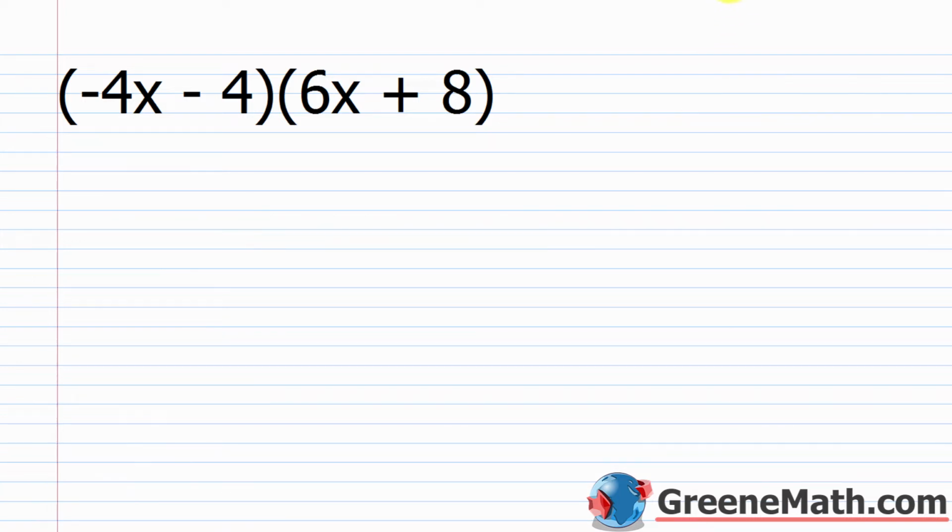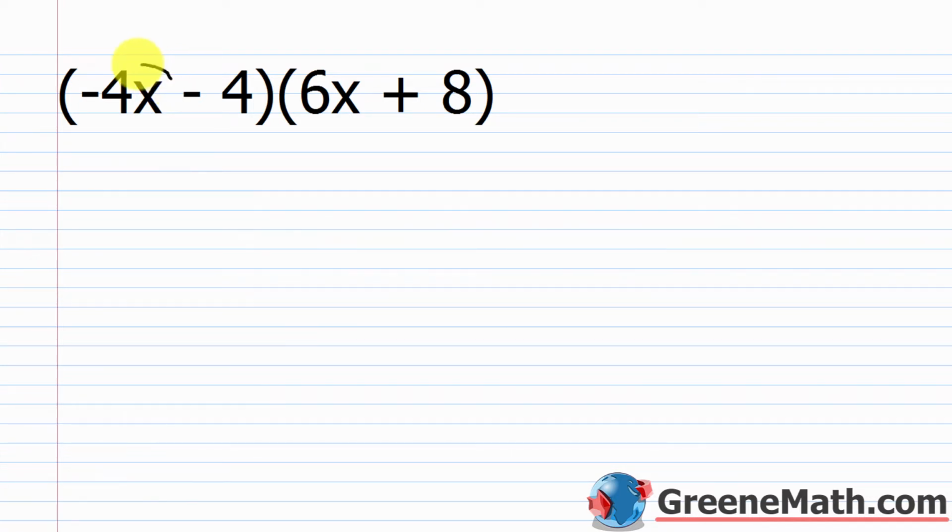So this is the product of two binomials. And this is going to happen so often, we have like a little shortcut for this called FOIL. And I'm going to teach you that in the next lesson. But for right now, I'm going to kind of show you a general method to do this. So I'm just going to take each term of the first polynomial and multiply it by each term of the second polynomial. So I'm going to break this up into two different problems.